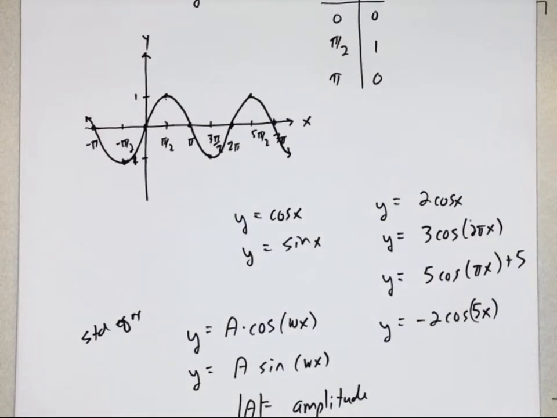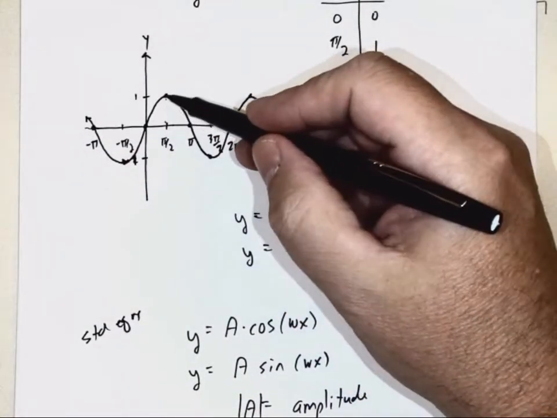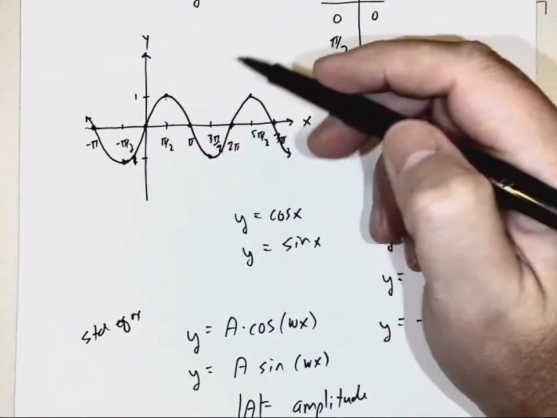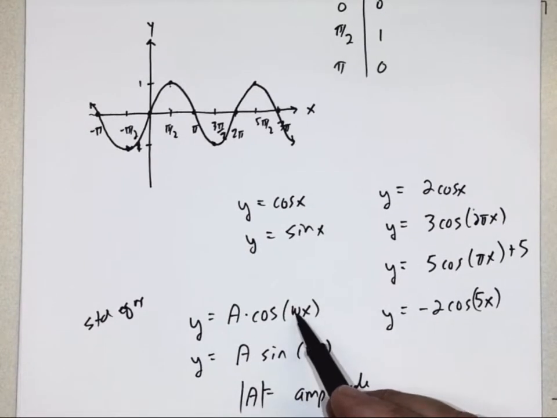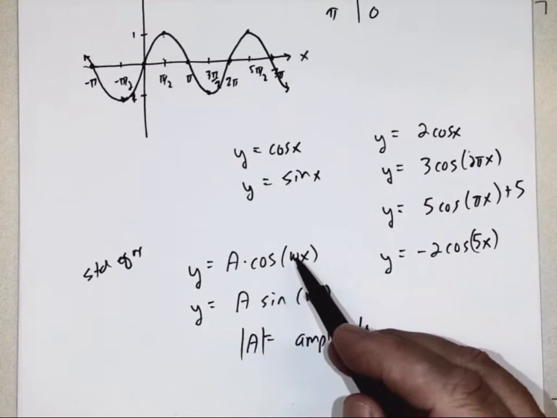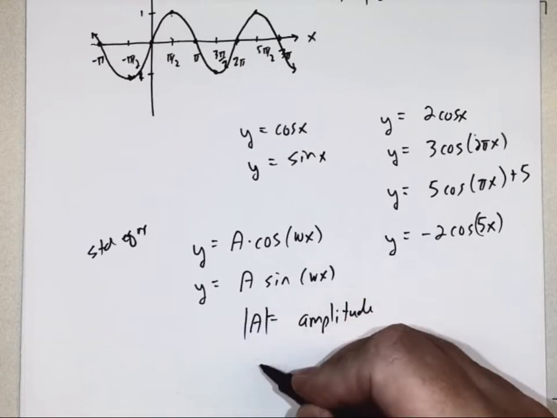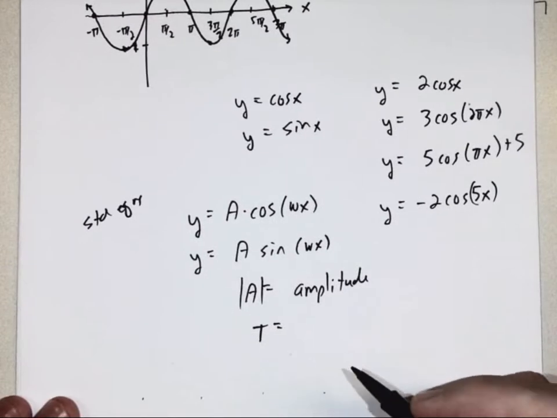If you look at a graph, the amplitude is just how far from the middle of the graph to the highest point, or how far from the middle of the graph to the lowest point. It should be the same number. And it's always positive. When you give an amplitude, you always just say it's a positive number. So that's what the A is. This omega in here, or it looks like a little W, we can use it to do a calculation for this large T, which I'm going to explain in a minute.